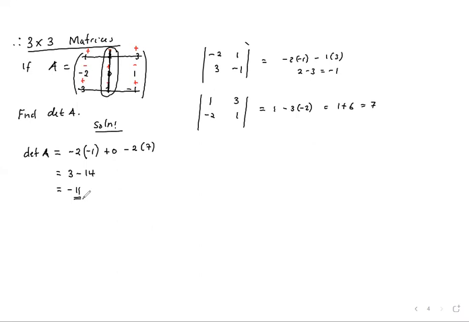So I've got a question. Is it that you can use any column you want when finding the determinant? You can use any column or any row that you want to find the same determinant. Oh, okay. Yes.